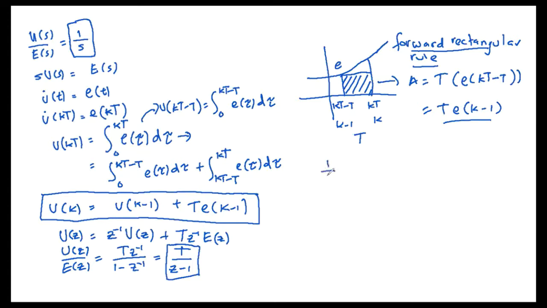So we can say that 1 over s is equivalent to t over z minus 1. So basically s is equivalent to z minus 1 divided by t, where t is the sampling period.